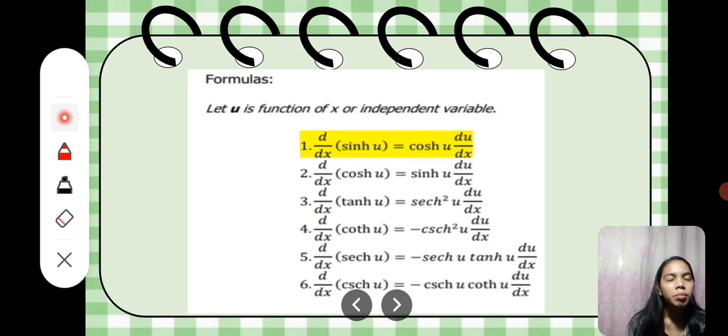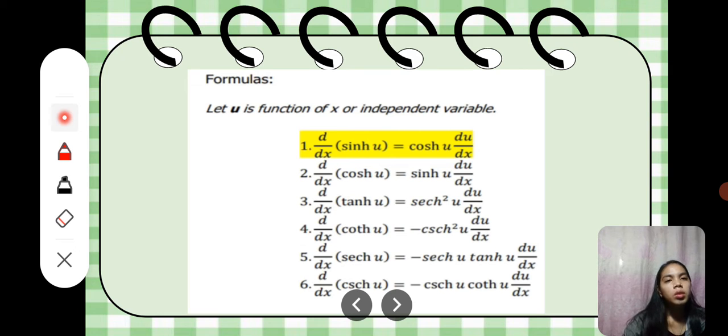The derivatives that are positive are for the basic ones: hyperbolic sine, hyperbolic cosine, and hyperbolic tangent. For the reciprocals, the derivative is negative.